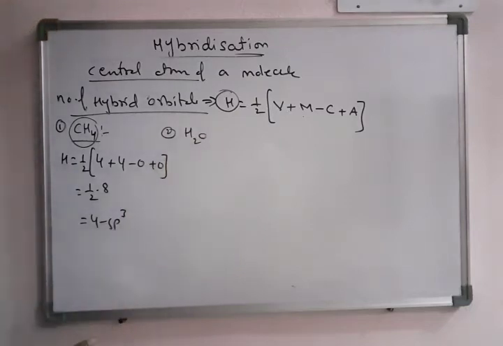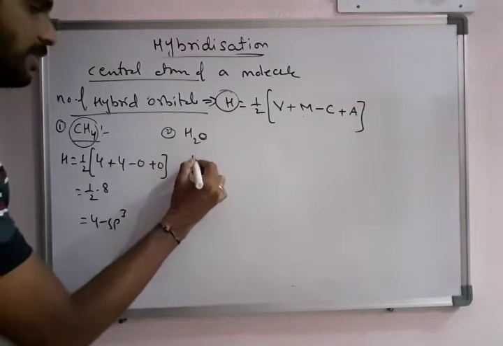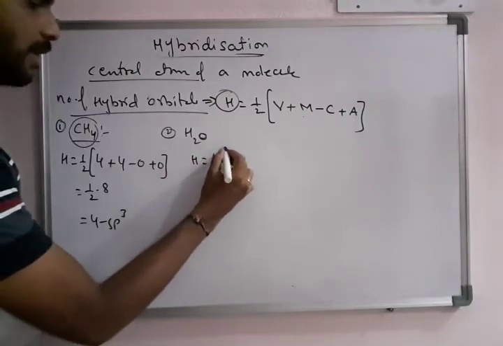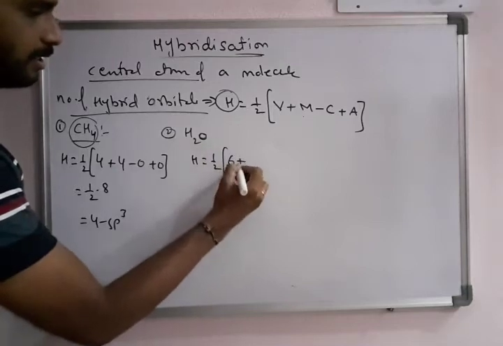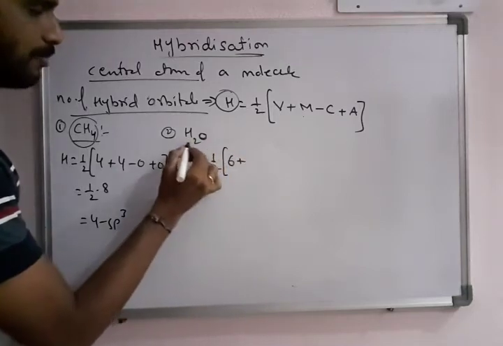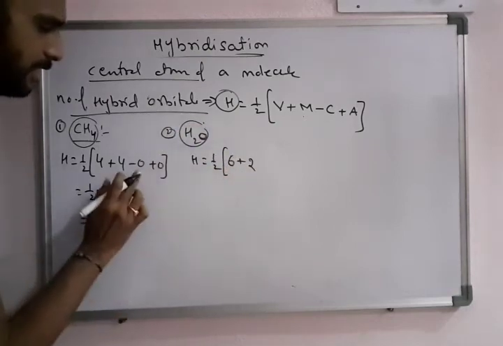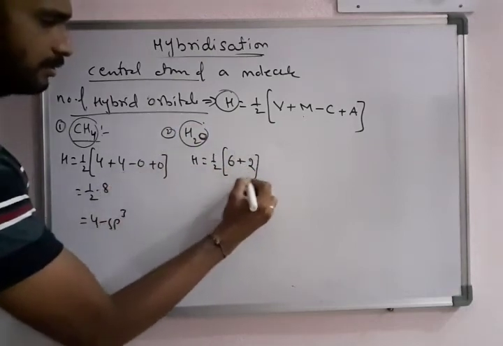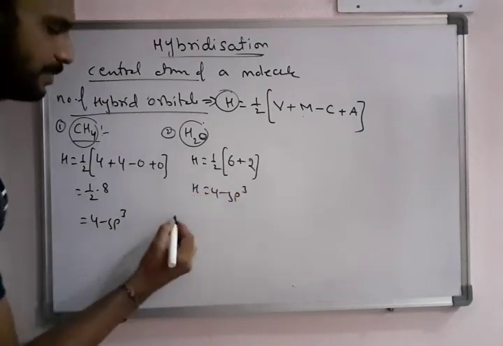Take another example, H2O. We know the central atom is oxygen, so just calculate that one. Oxygen valence electrons are 6. The number of monovalent atoms is 2. There are no charges present, no anion, no cation. So here we get 4, sp3.